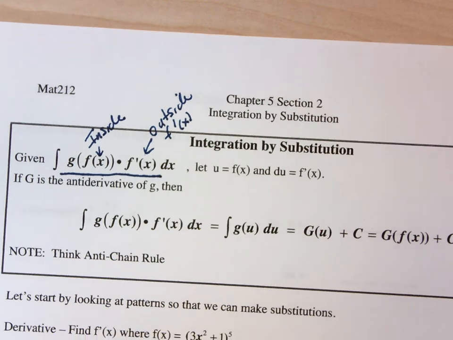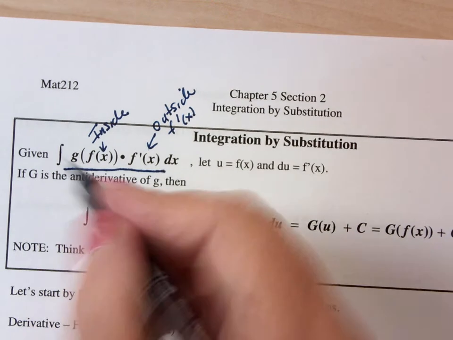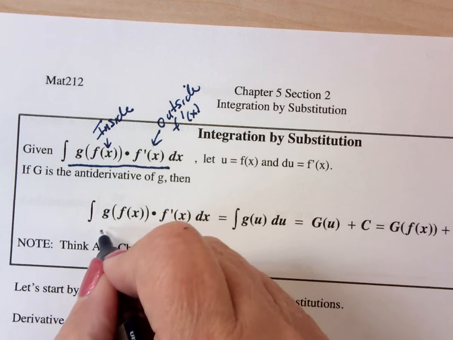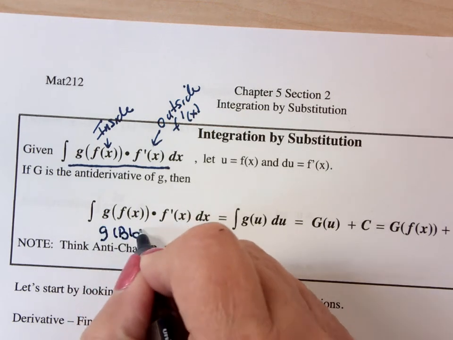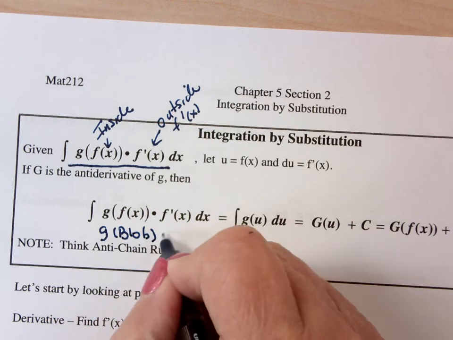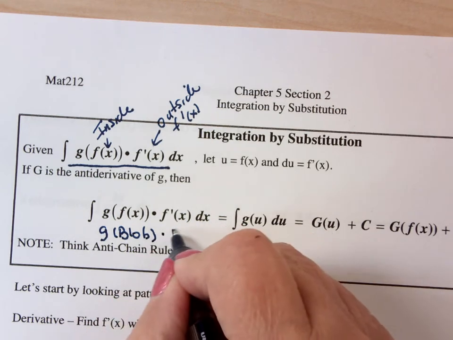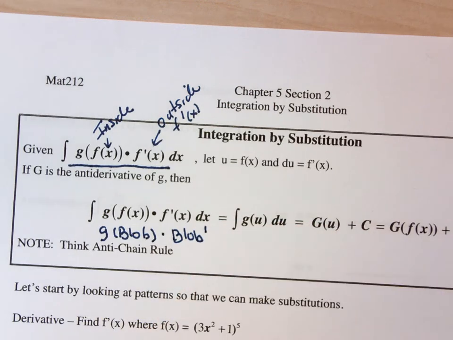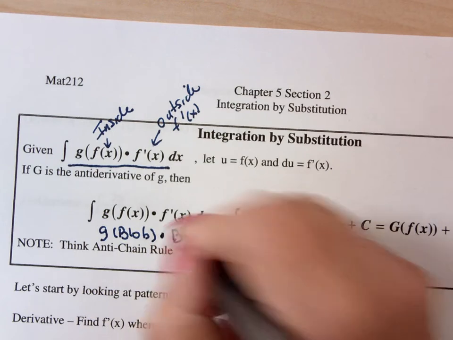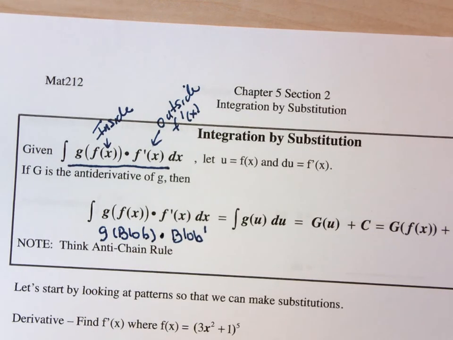You want to think of it as anti-chain rule. So if I were to look at this guy, this would be g of the blob, and out here is blob prime. And you notice it's the product of two functions. If it were the sum, that would be a different issue.